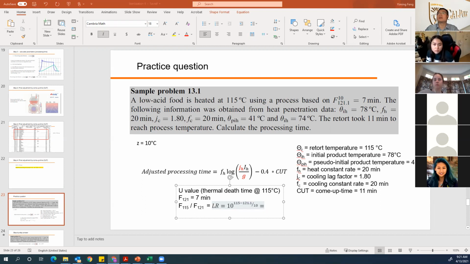Take the log, times negative 0.1, so we get the killing power at 115 degrees C is 2.455.